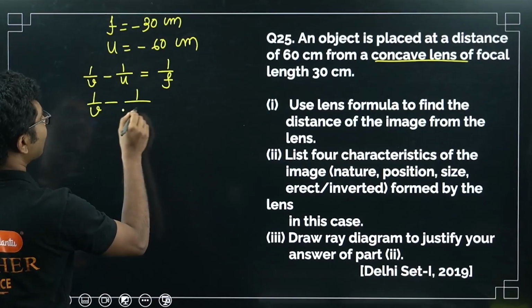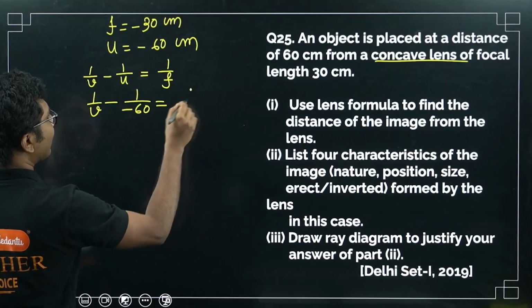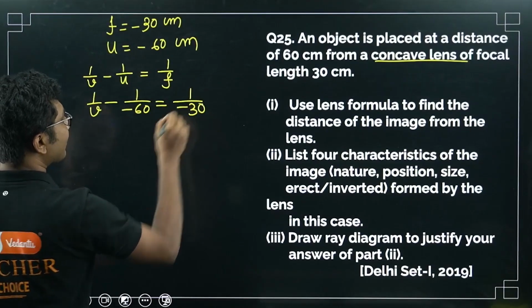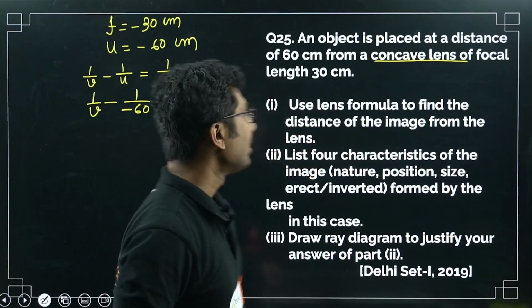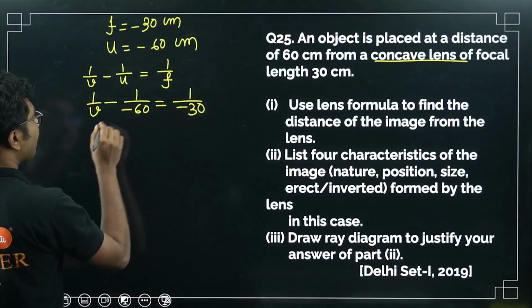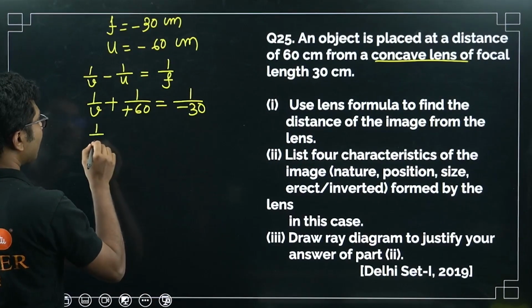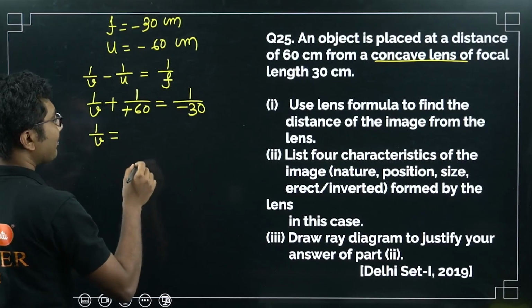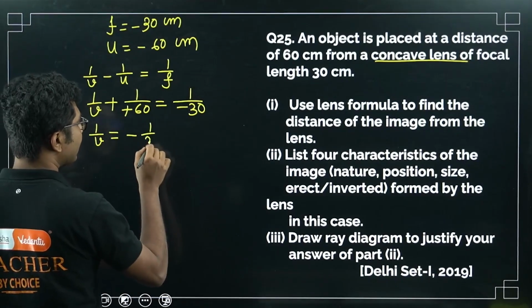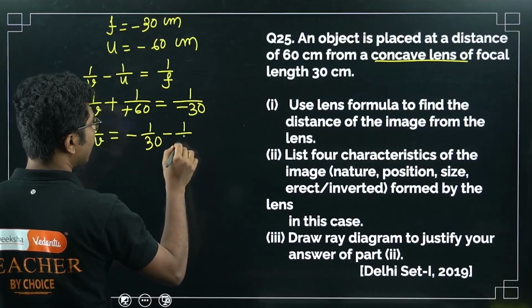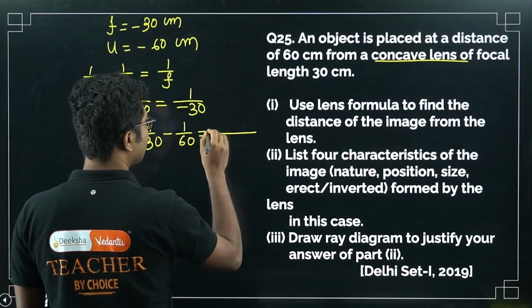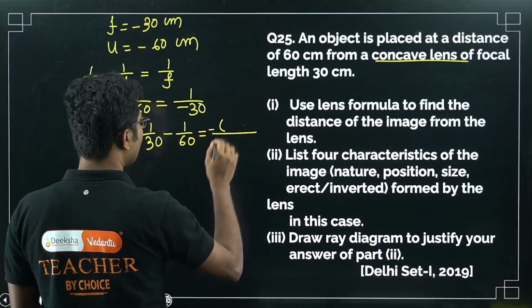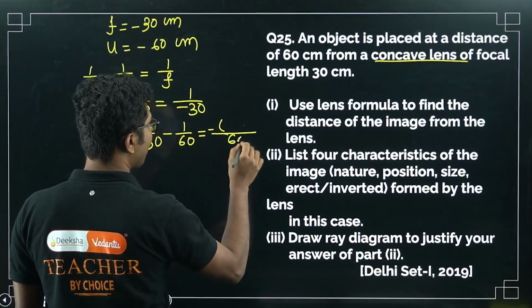Minus 1 by minus 60. There were multiple different sign conventions, but this is the modern sign convention adopted. People in the USA use a completely different sign convention, but don't get bogged down by them. You are studying in India, so you will use the most common sign convention. Negative sign is common, so 60 is the LCM.